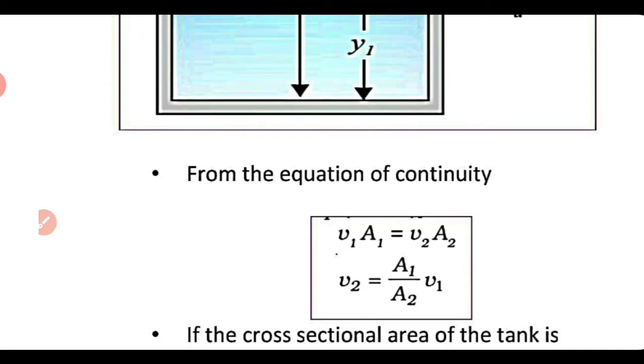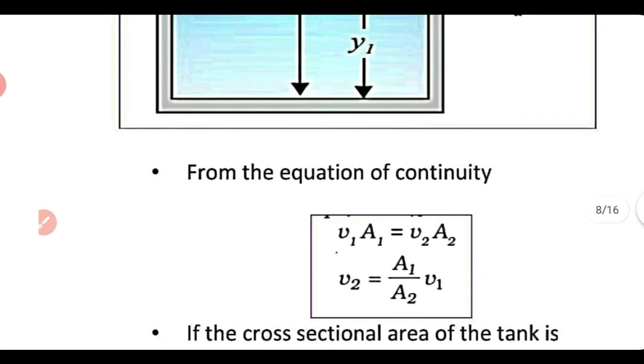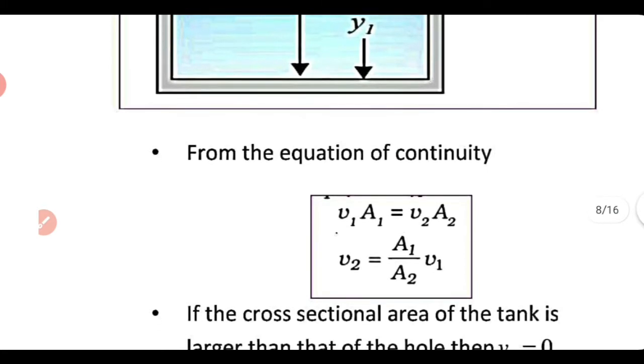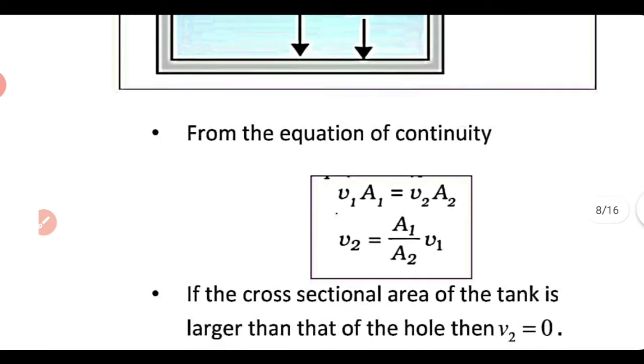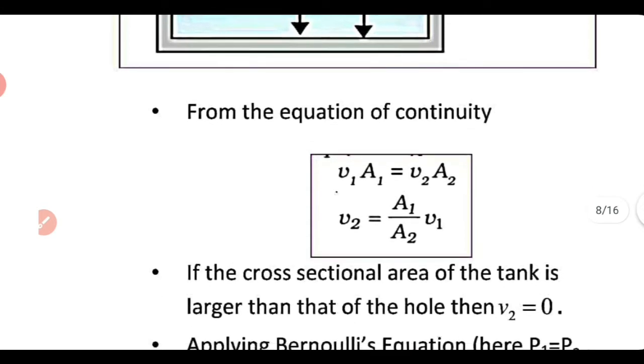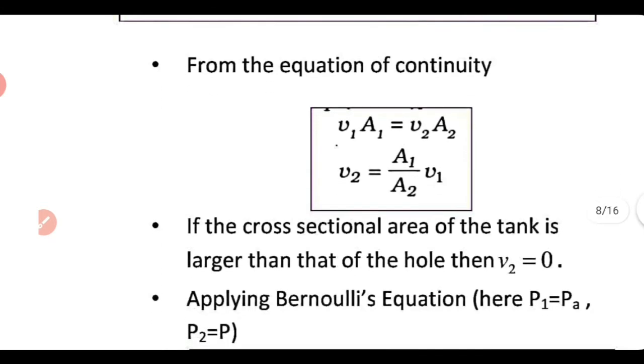So we know from the equation of continuity, v1a1 equals v2a2, and v2 equals a1 by a2 into v1.